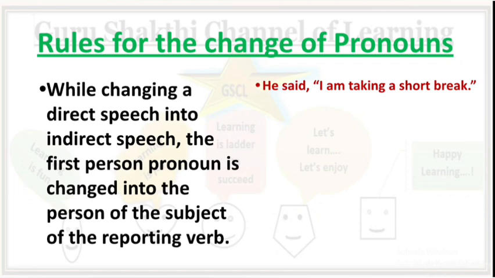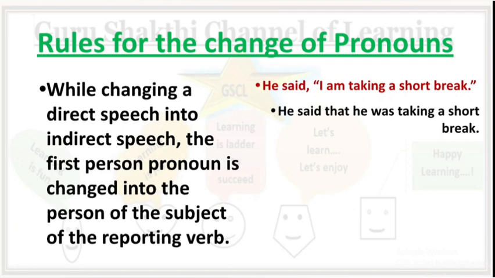Of course, I. Look at the indirect speech. He said that he was taking a short break. Here, I is changed into another word, he, and that he over here is the subject.